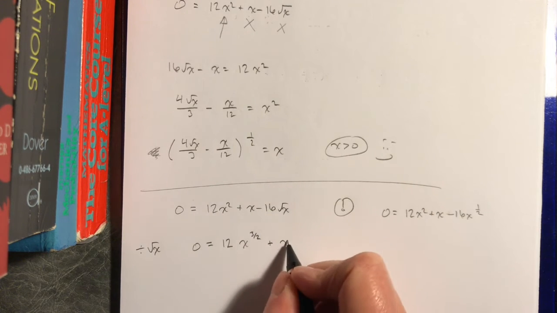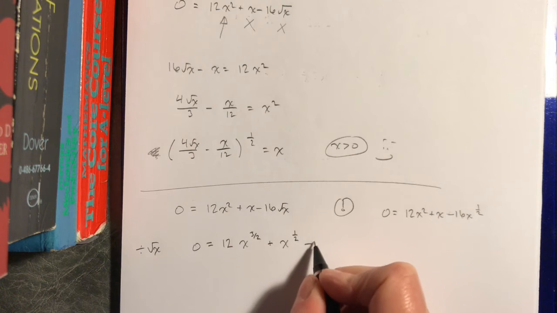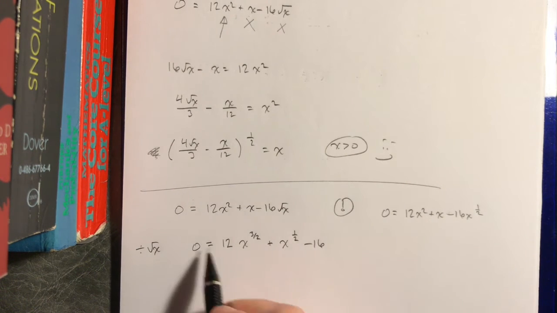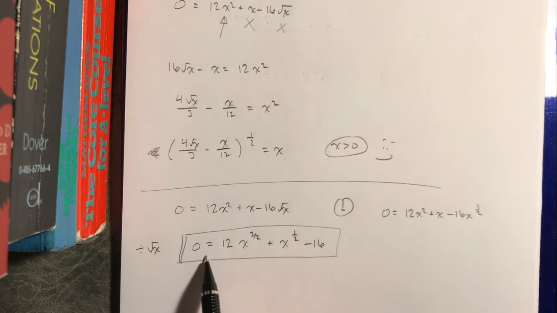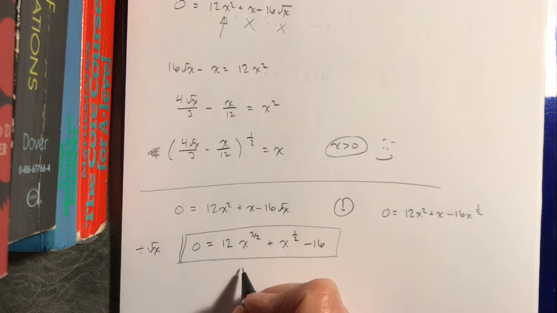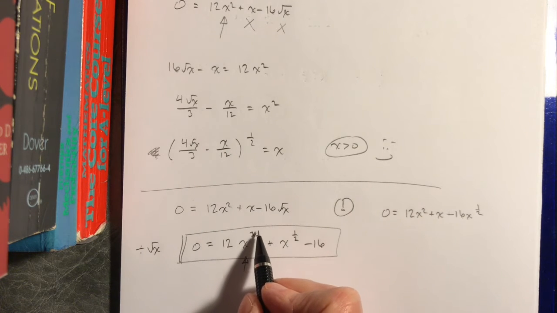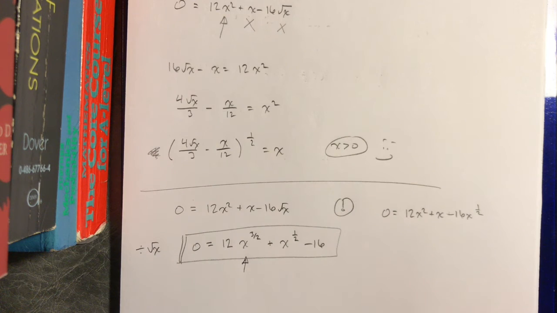X divided by root x is x to the 1/2, and then 16. So the people I talked to said they were motivated to do that first. Then again, we're solving for this x, and you can start to smell that we're going to get a 2/3 power to undo that index.